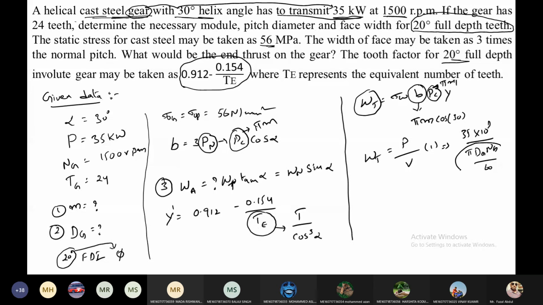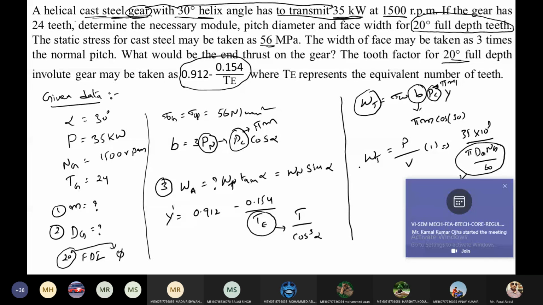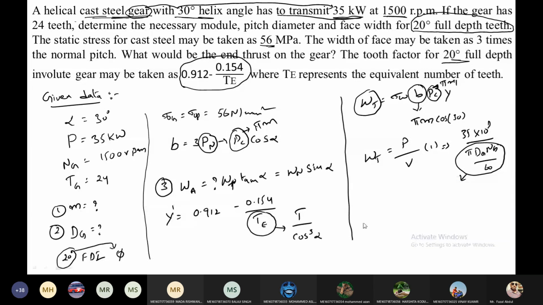Now tell me the pi d n by 60 first. Pi dg value, how much is given in the question? We don't know the dg value, the question itself is asking. So this equation is not suitable. So let it be dg.